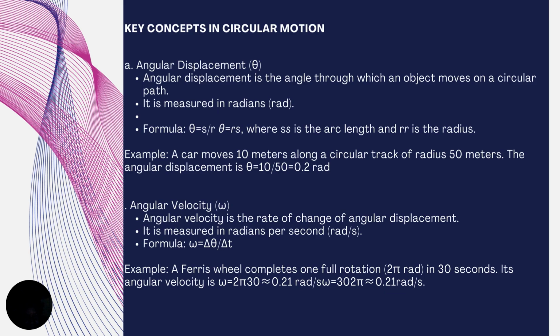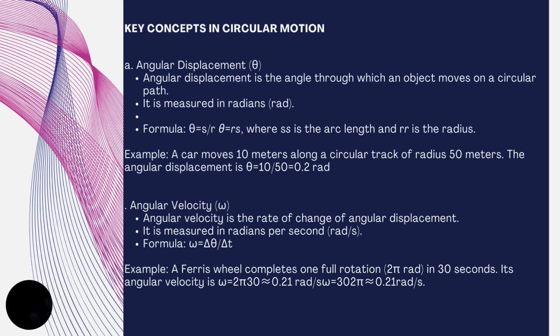But I will still send you another note as well, just so that you will understand better. So, as you can see, S is the arc length, that is the length of an arc. An arc is just a curve in a circle. So S is the length of an arc, and R is the radius of that circle.